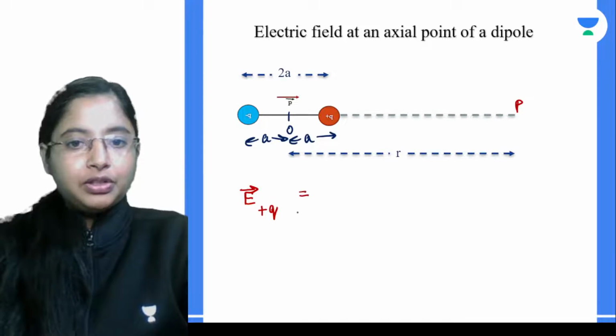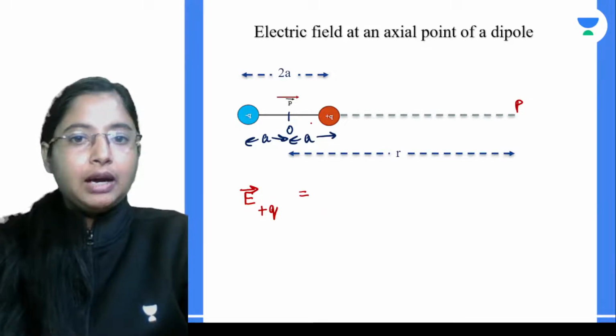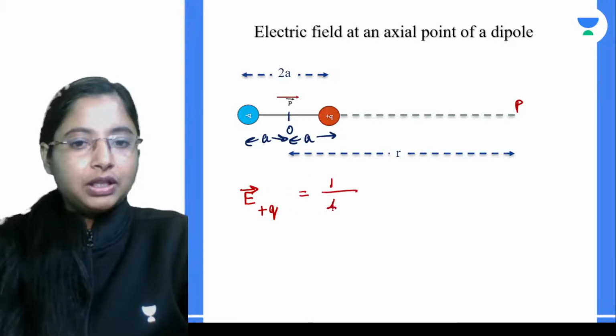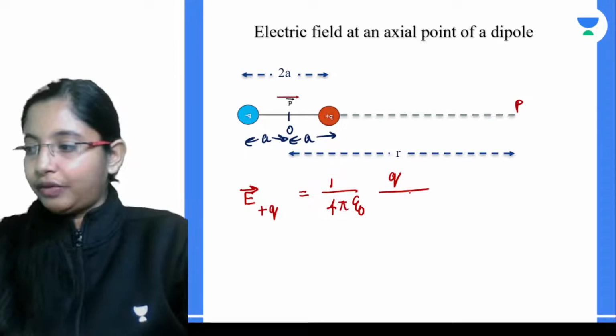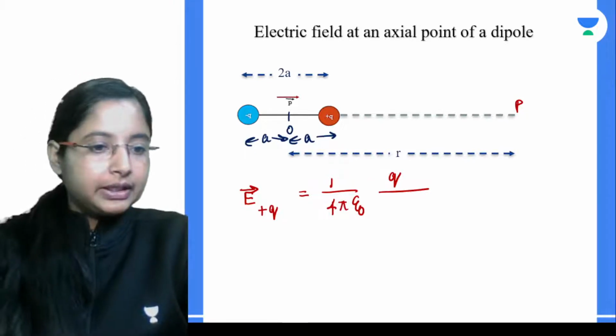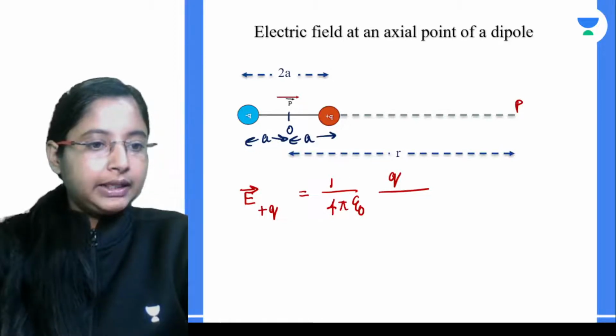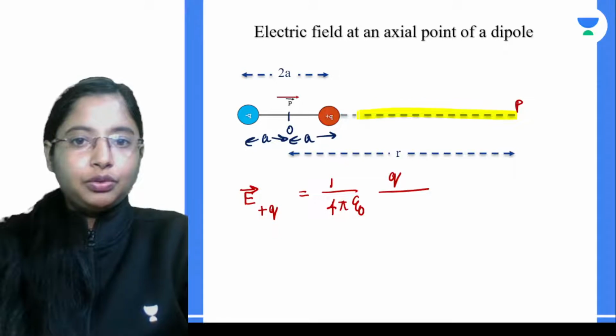Due to the positive charge, the electric field equation is very simple: 1 by 4 pi epsilon naught, q divided by distance square. What is the distance? We want to measure the distance from this point P to the charge q.